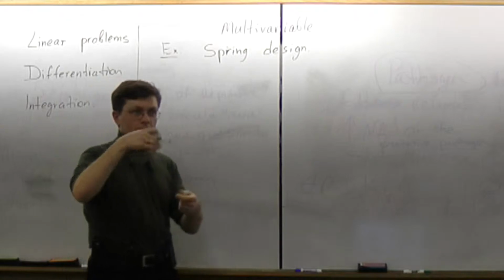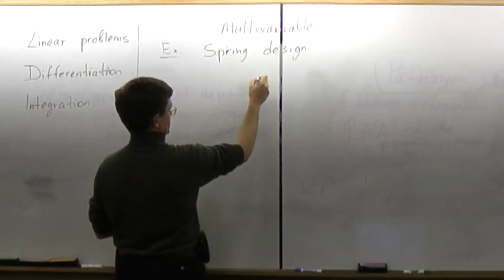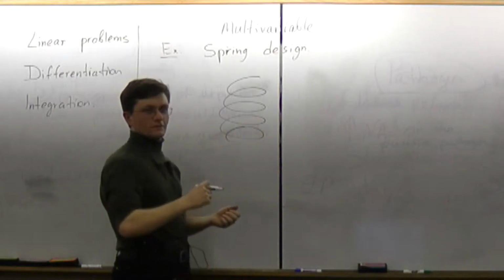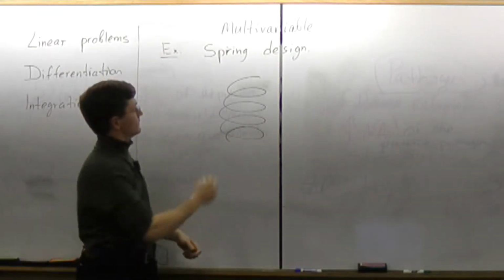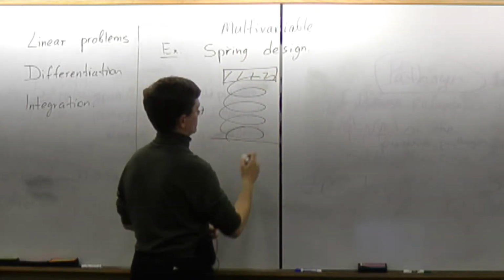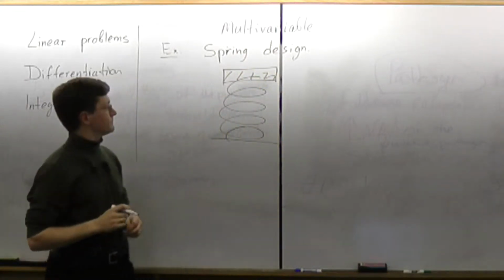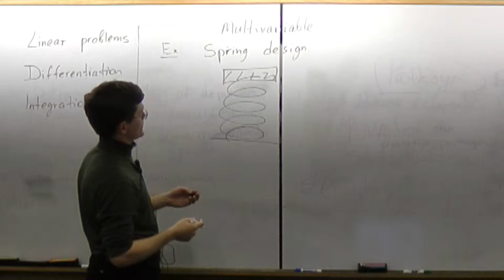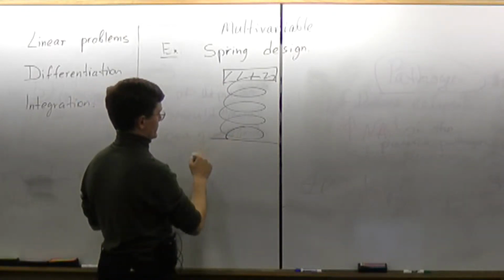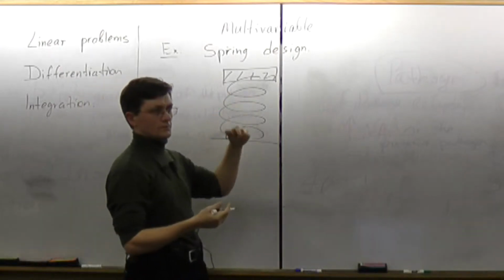So suppose I want to design a spring, and a spring is a relatively simple thing like this, right? You're supposed to put something heavy on it, and it will hold it. So, what about this spring design? Well, there are some things I can choose to design the spring.